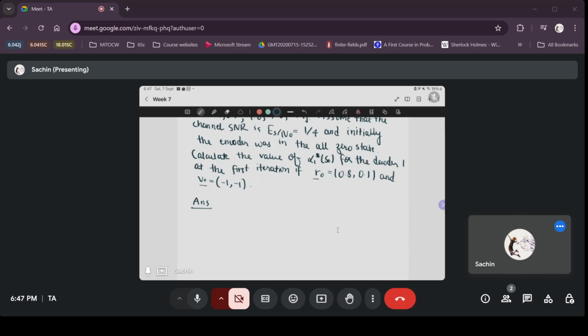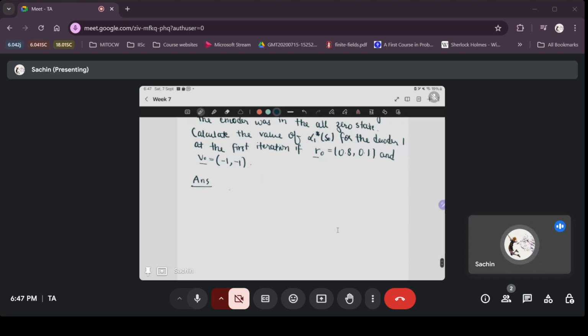So alpha L plus 1 star of a state S is by definition log of alpha L plus 1 of S, which is max star, which we had seen in the first question, for all states S prime in sigma L, where sigma L is the set of states that you can be in at time instant L, of gamma L star of S prime to S plus alpha L star of S prime.